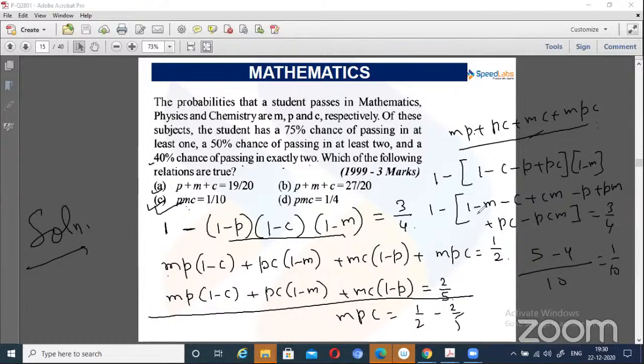ठीक है, आप इसको रीअरेंज करके इसकी वैल्यू वहां पुट करोगे तो आपको P plus C plus M भी मिल जाएगा. हमें इसकी वैल्यू चाहिए. ठीक है, so it will be M plus P plus C minus CM minus PM minus PC plus PCM is 3 by 4.